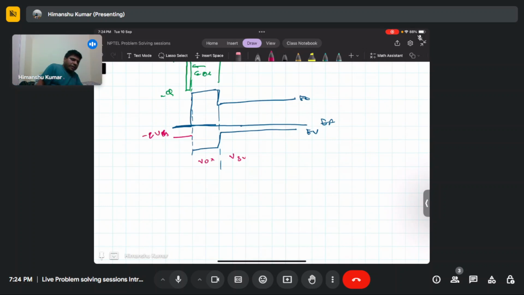Because of the application of this voltage, this band will pull down, and similarly this band will also pull down, and you can draw it like this.